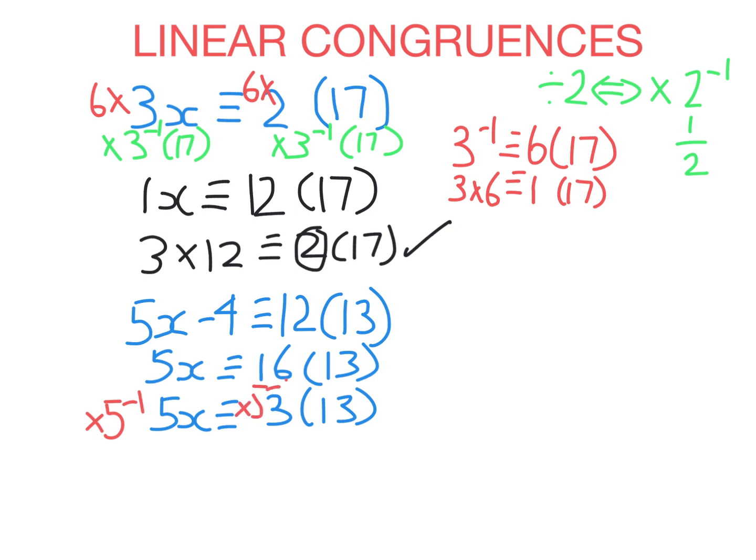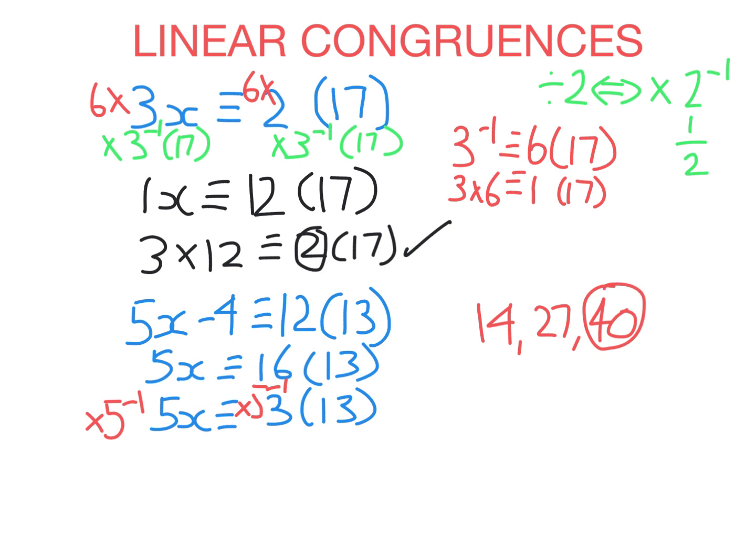Okay, so what's the inverse of 5 modulo 13? Remember that I want to find what number you multiply by 5 to get 1 mod 13. So these are the numbers that are equivalent to 1 mod 13: 14, 27, 40. I stop there because that's divisible by 5.